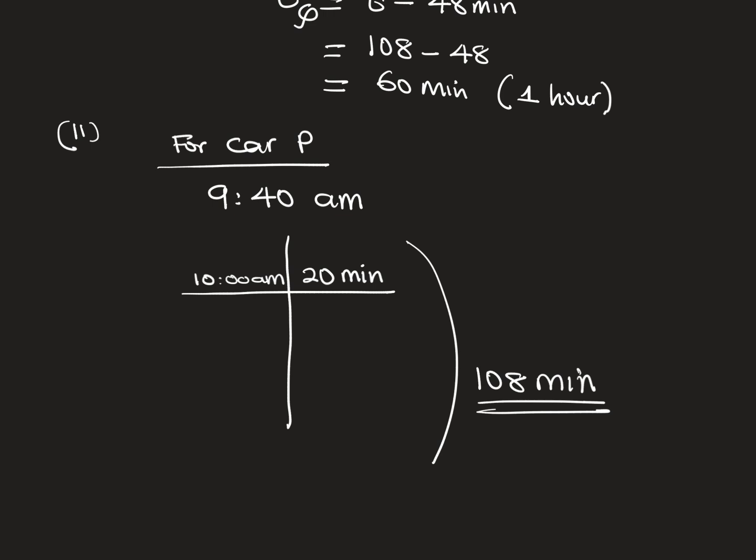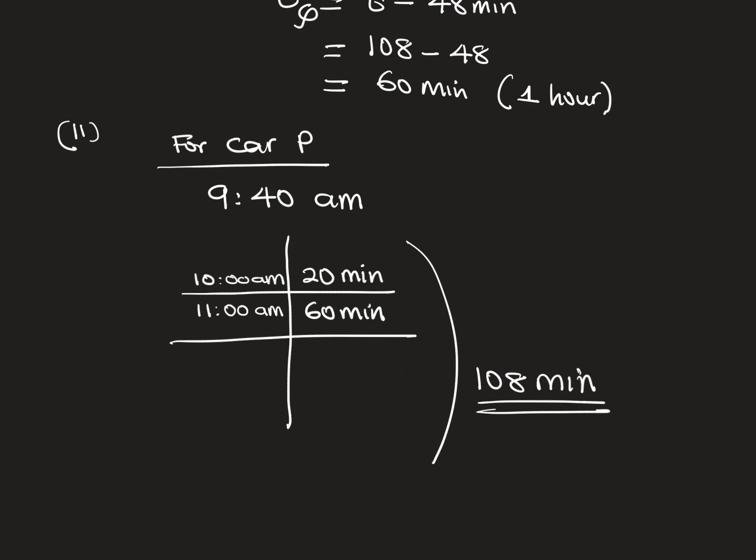All right. Is it possible to remove 60 minutes again after removing 20 minutes from 108? Yes. So if you subtract 60 minutes, then you have an hour. So we can say 11 a.m. Okay. Is it possible to remove 60 minutes again? It's not possible, because if you add these two times, 60 plus 20 is 80, then what would you remain with? 28, right?